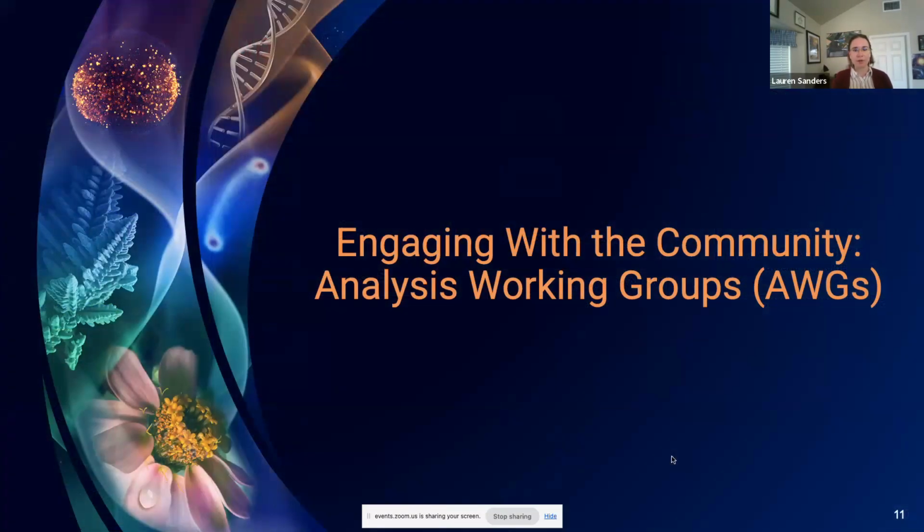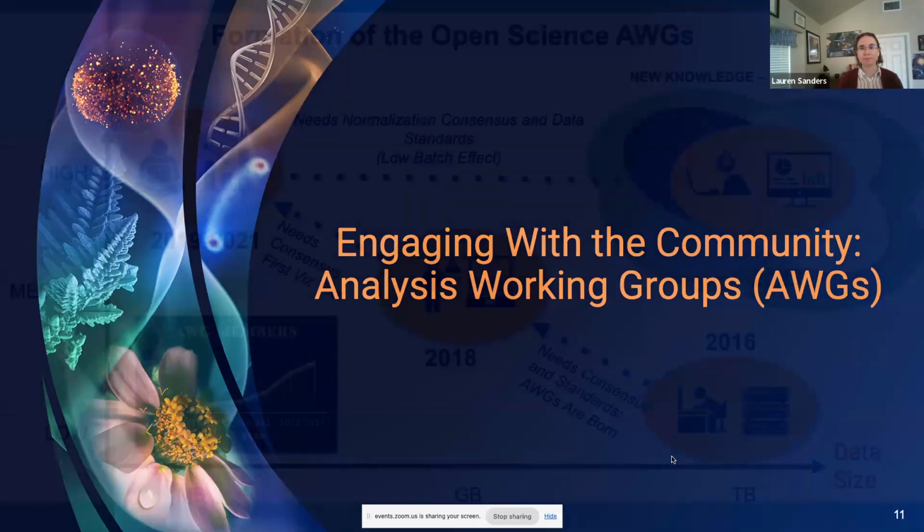So I mentioned that we have several community groups we call analysis working groups. These are groups of users of the data in the database. They provide feedback to the database, but they also perform research analyses and publish papers together to amplify that knowledge gain.